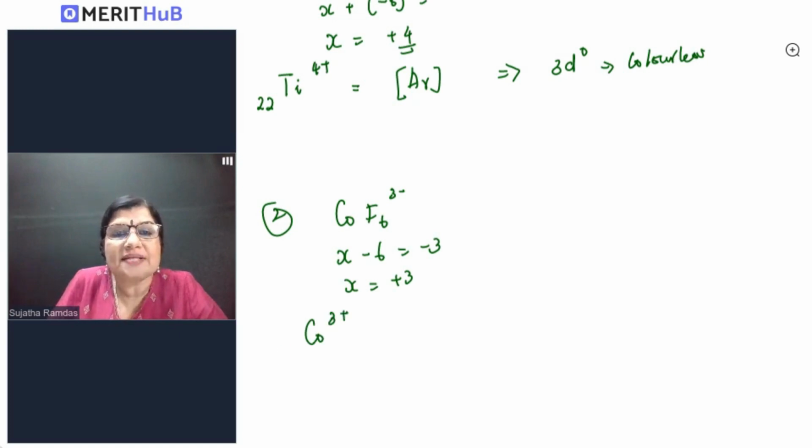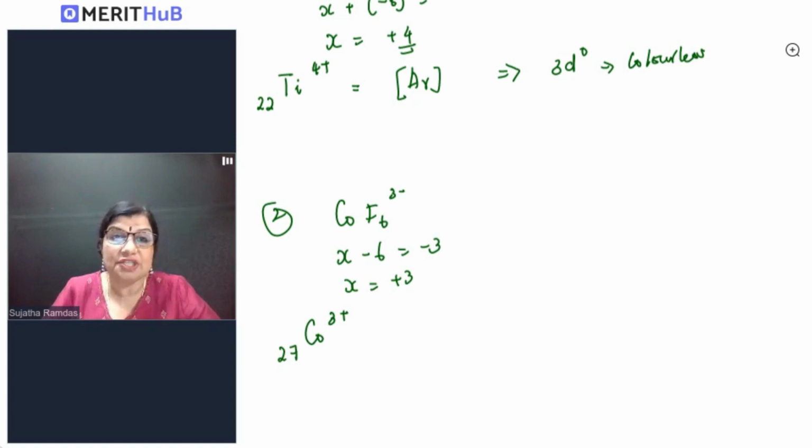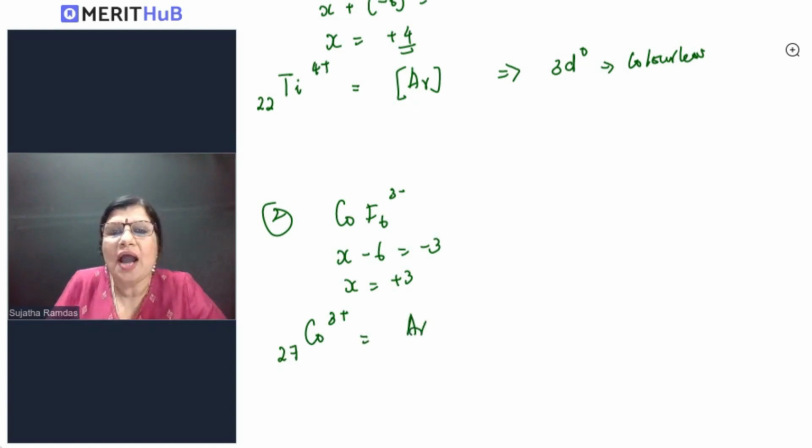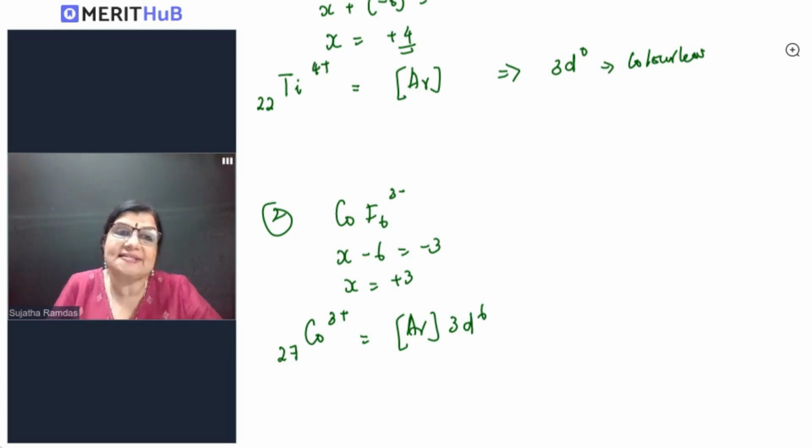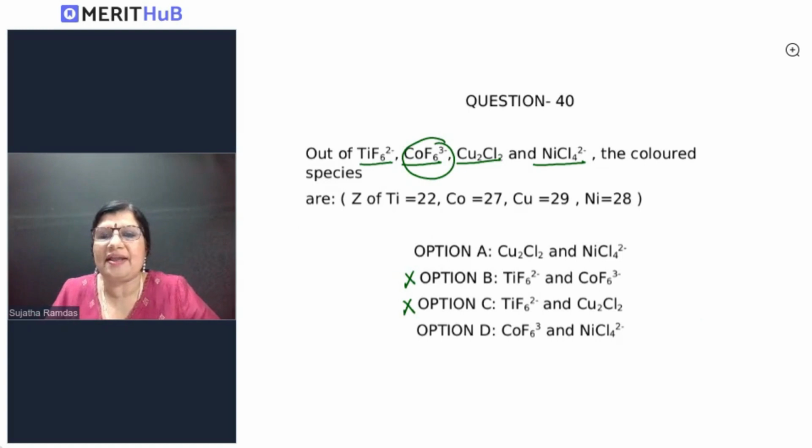Cobalt has an atomic number of 27, so that is equal to argon, 27 minus 3 is 24, 18 electrons, and then we have 6 electrons in the 3d subshell, and hence d-d transition will occur and therefore it will exhibit color. So it is a colored complex. Okay. Now we have to look into the other two complex ions and finally arrive at a conclusion.